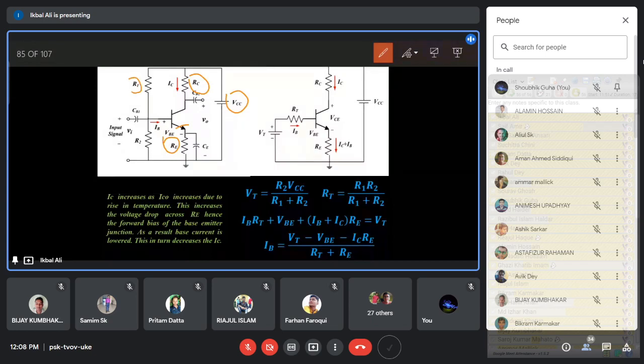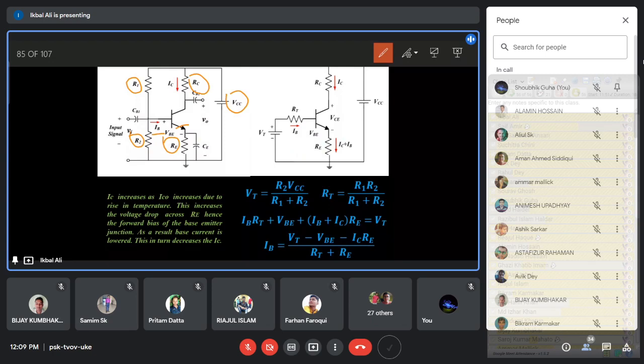R1 and R2, these are the two voltage divider resistances, connected to the base to supply the base biasing, or you can say it will supply the base current as well as the base emitter voltage. So that is why it is called the voltage divider bias, due to the R1 and R2 resistances at the base side.